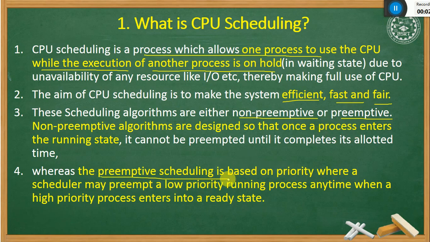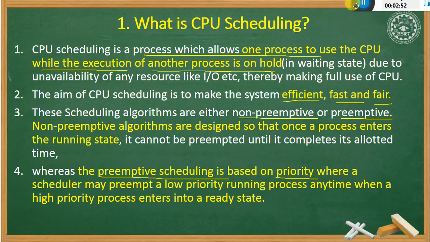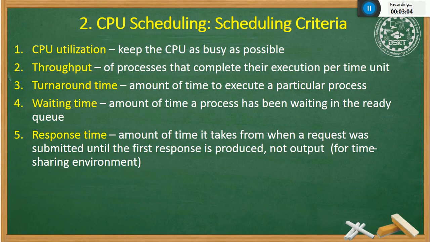In preemptive scheduling, the current process which is in execution, having the CPU allocation, is suspended if a highly prioritized process comes, and the highly prioritized process is allocated the CPU. That type of scheduling is called preemptive scheduling.